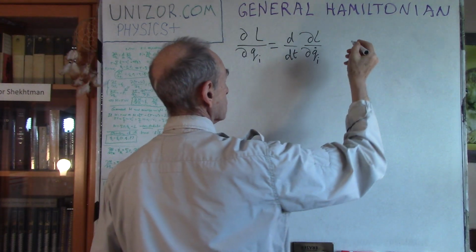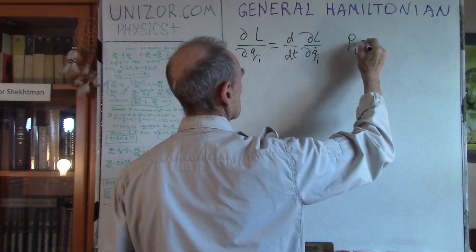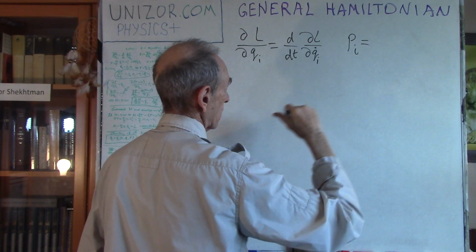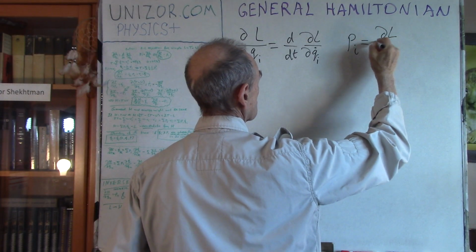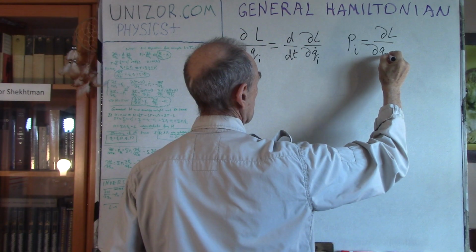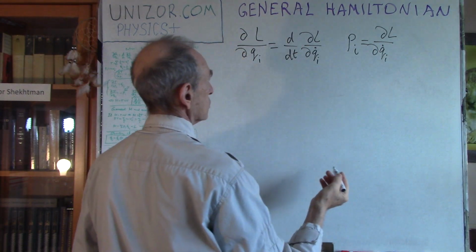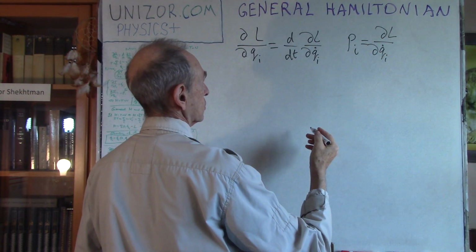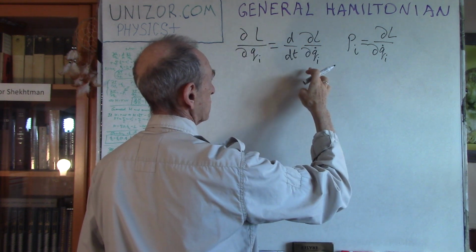Then we introduced, by definition, the generalized momentum p_i, which is the partial derivative of L by the velocity of q_i, which allowed us to rewrite this.